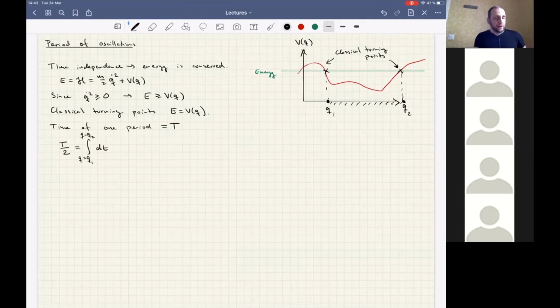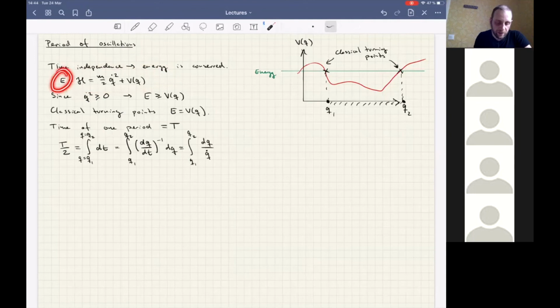But I can then change variables to use the coordinate q instead. So this is the integral from q1 to q2 of (dq/dt) inverse times dq. And let me just write this with the q dot instead. So this is dq over q dot. But q dot we can solve from the Hamiltonian.